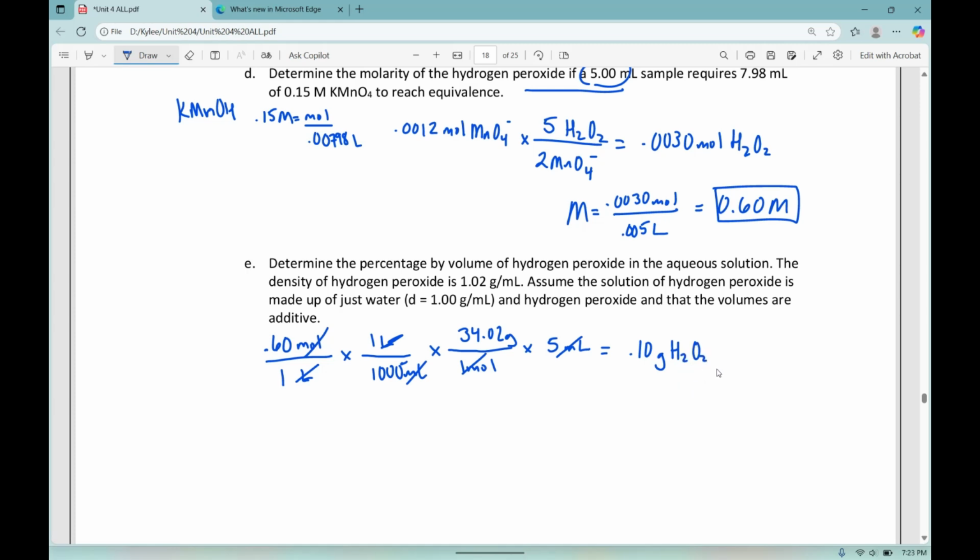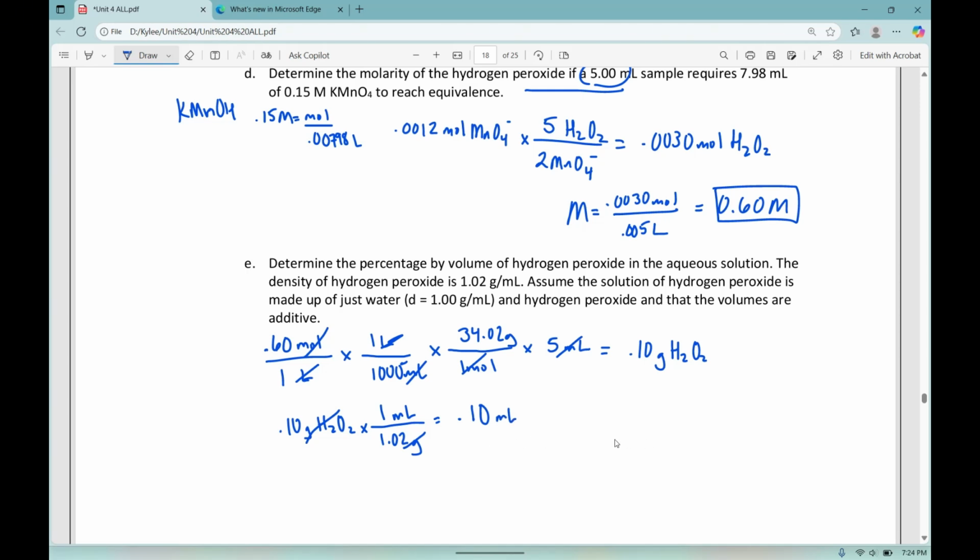Now, I am going to take my 0.10 grams and use that density that they gave me. So I know that the density is 1.02 grams per 1 milliliter. Now I can get grams to cancel by dividing by 1.02. And so this gives me, keeping my two significant figures, milliliters.